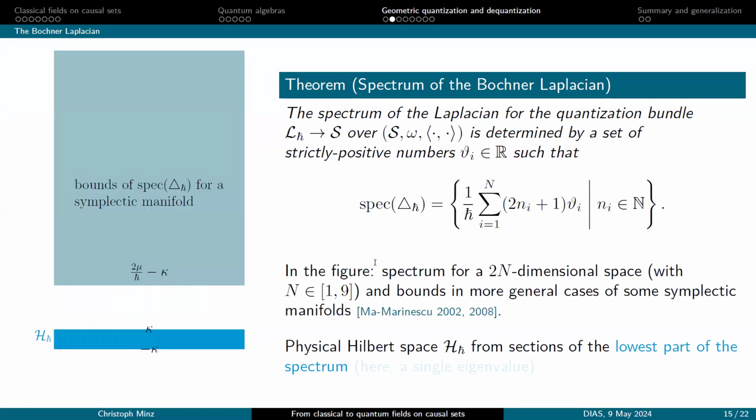And you can even do this in more general settings where you have just a symplectic manifold, because this spectral gap is quite commonly also there in some general cases. Then you can just take all the sections that belong to the lowest part for your Hilbert space.